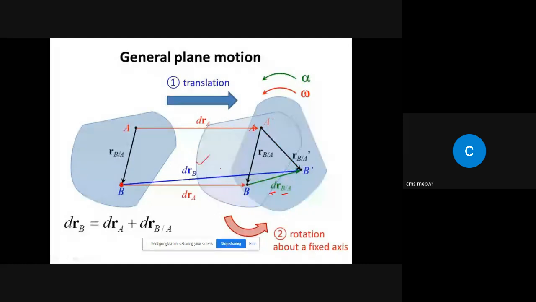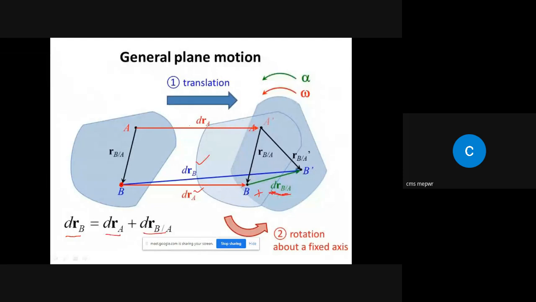So by using the vector addition rule, we can write that drB is equal to drA plus drB by A. We can write it from this diagram.